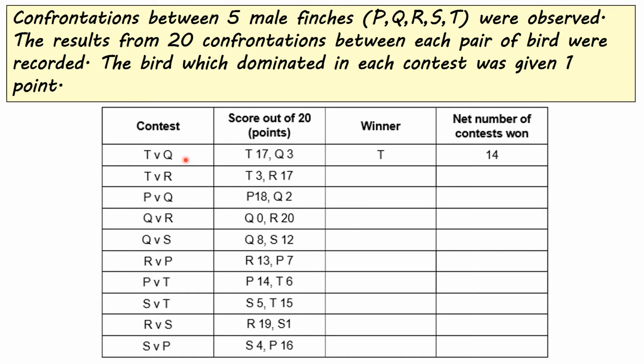So you imagine T and Q squared up 20 times, and T was the winner 17 times, and Q was the winner 3 times. So what I'd like you to do is complete the table, so work out which one is going to be the winner in each particular face-off.